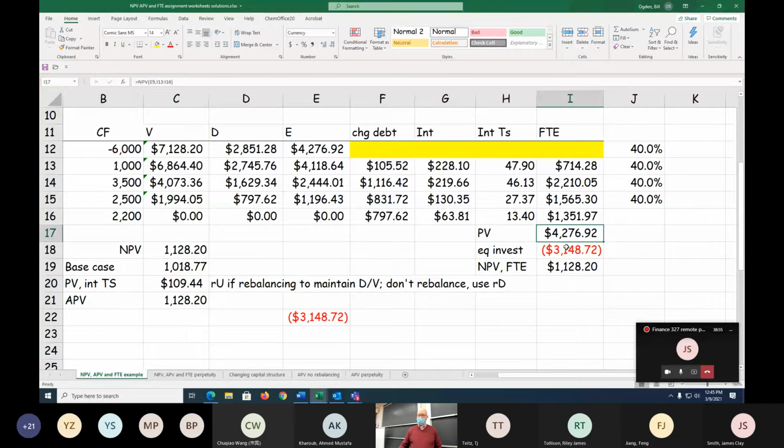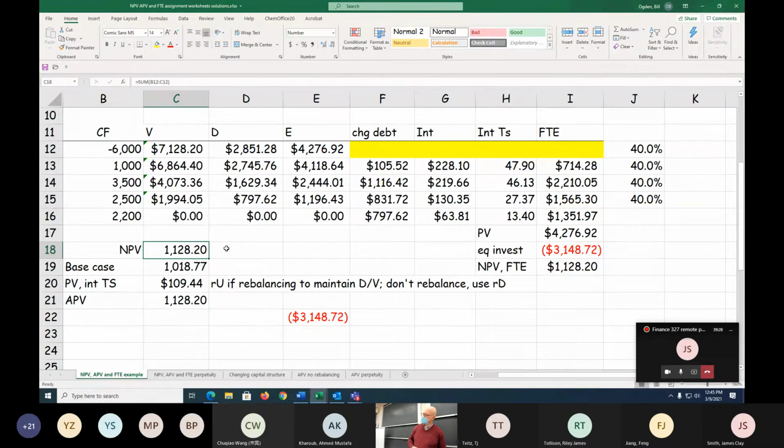And we subtract the equity investment, and that's what leaves us with the NPV, the float equity. All right, now what I hope you see here, one of the takeaways, is let's go back to chapter 5. We just did an NPV, and we got a number of 112820. To whom does that NPV belong?